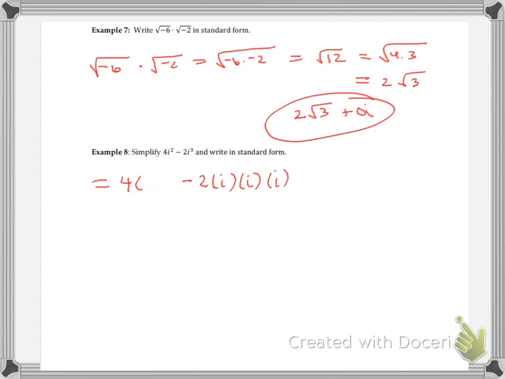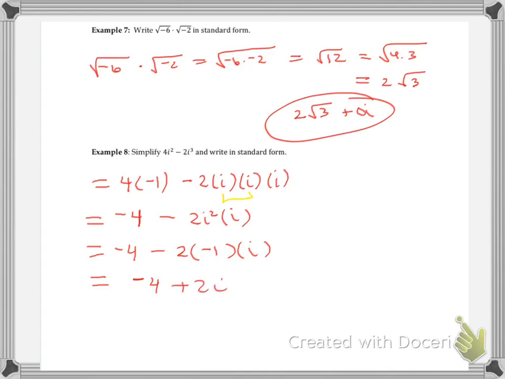We know that i squared is negative 1, so we can rewrite this as negative 4 minus 2 times i squared times i, if I put those two to multiply. Since i squared is negative 1, that becomes negative 1 times i. So our final answer is negative 4 plus 2i, which is in standard form.